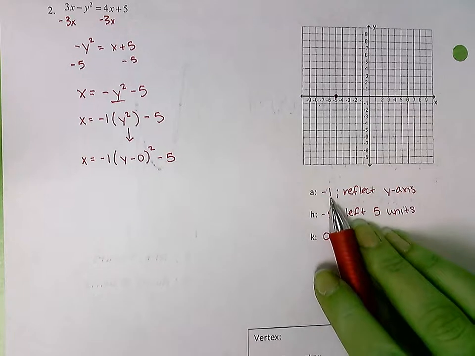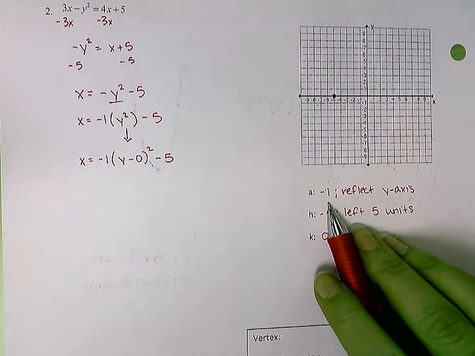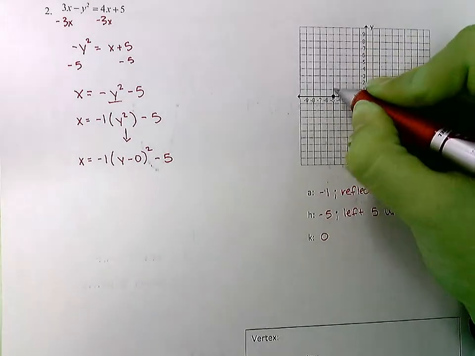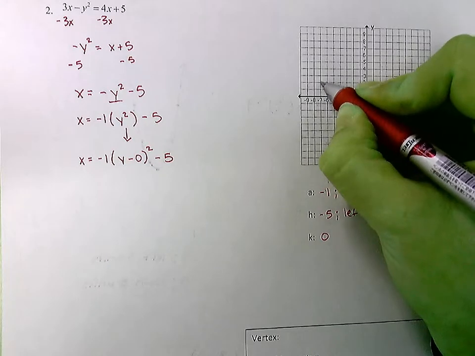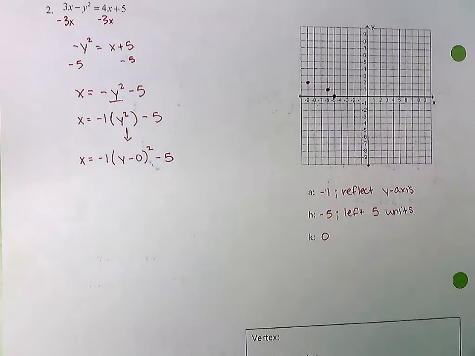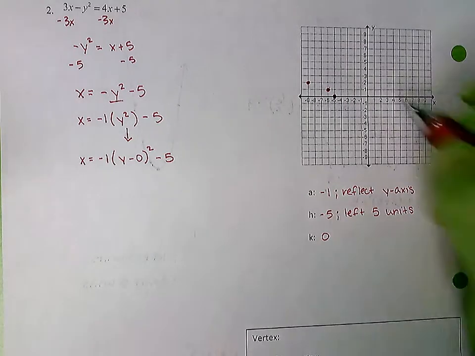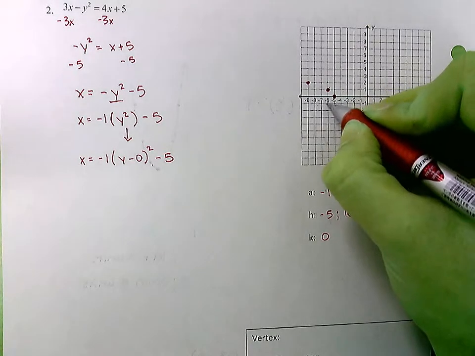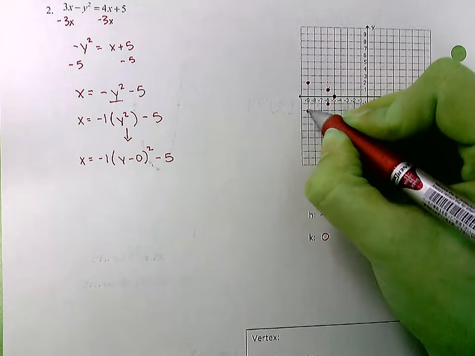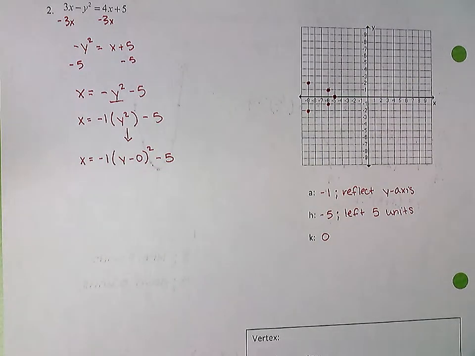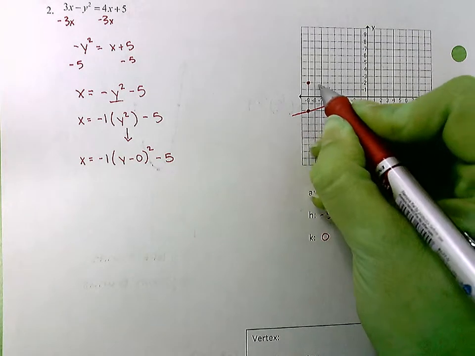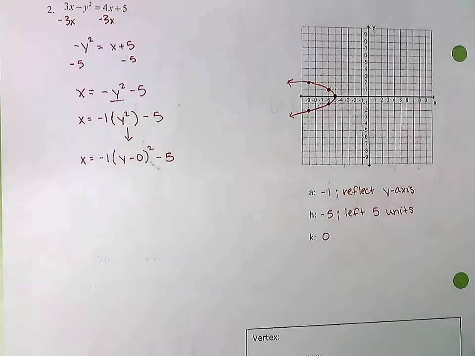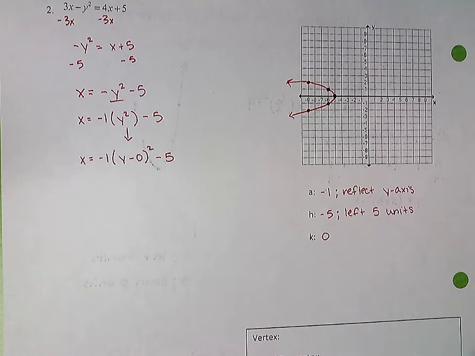I don't have any multiplier for a, so I can use my parent function and go up 1, left 1, up 1, left 3. And then same thing down. So down 1, left 1, down 1, left 3.